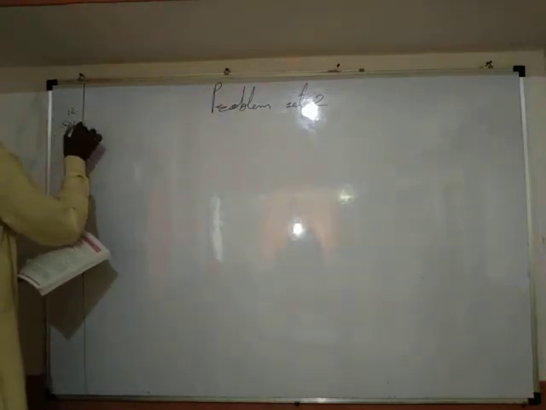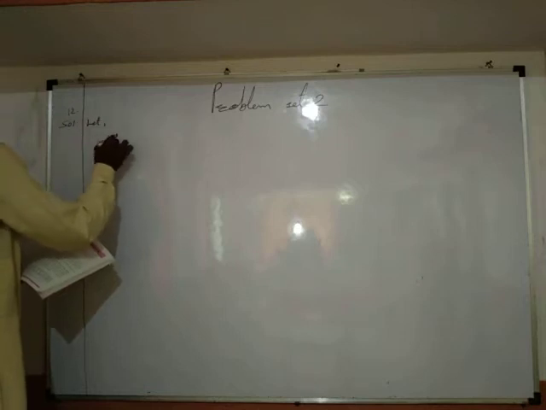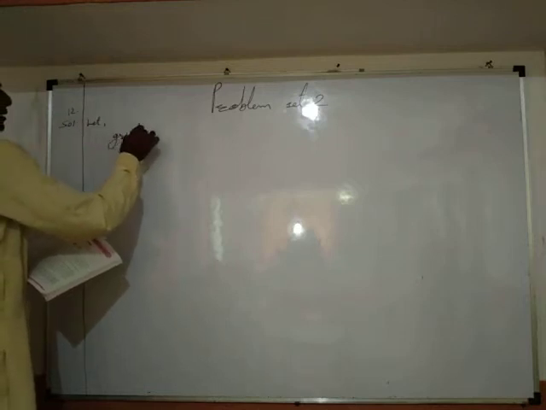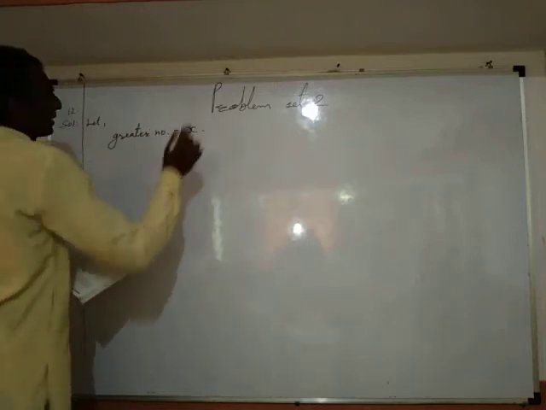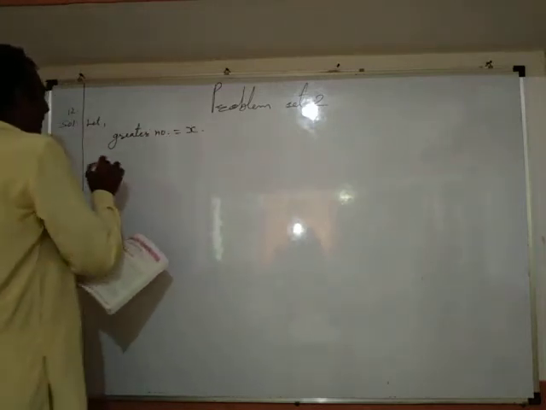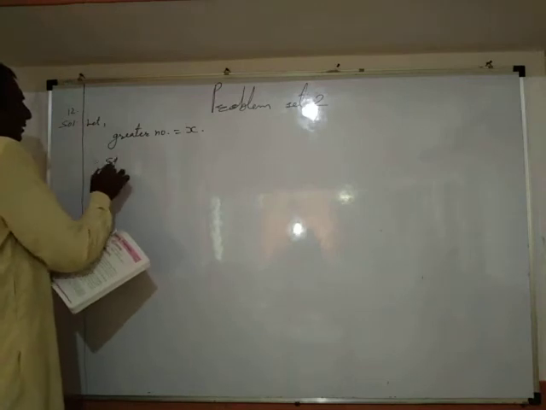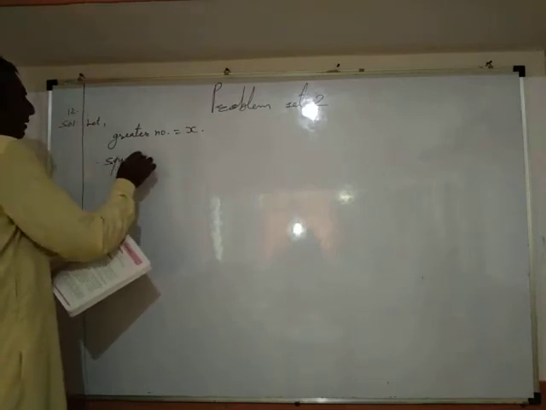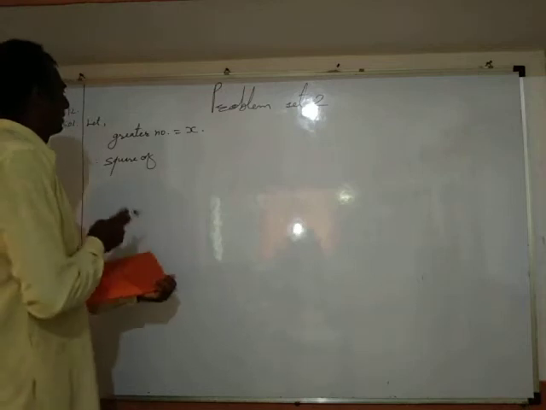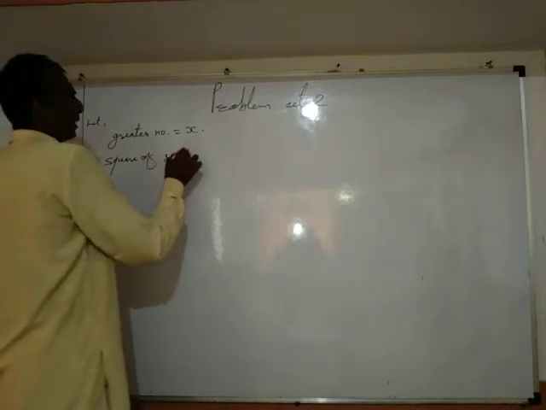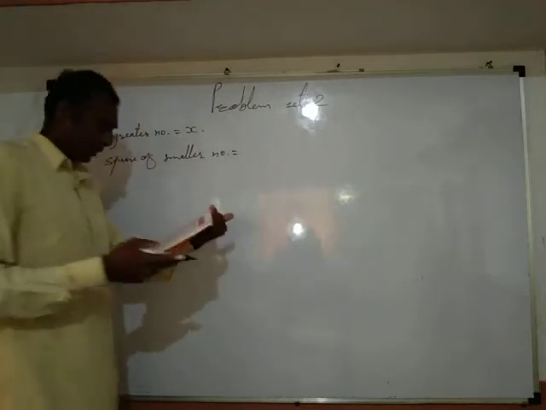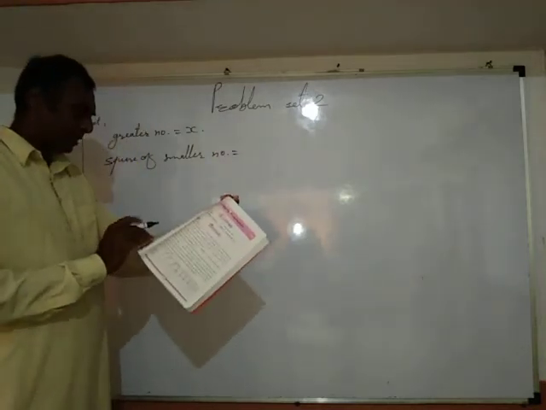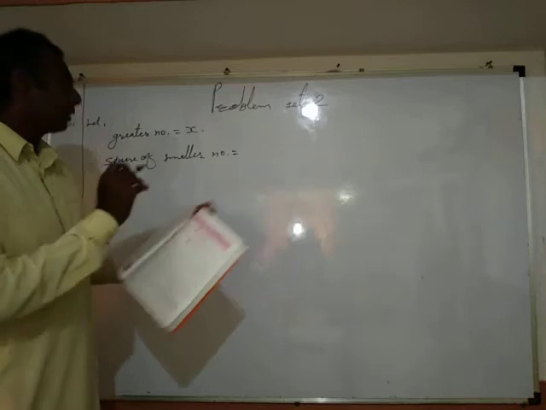Solution. Let the greater number equal x, and therefore the square of the smaller number. It tells us that the square of the smaller number is twice the greater number.